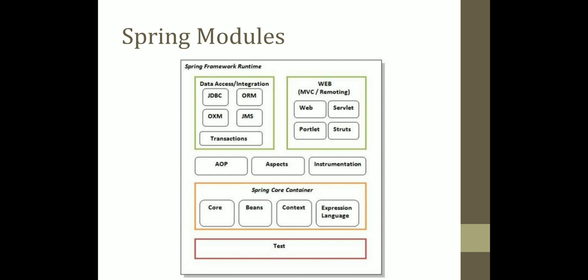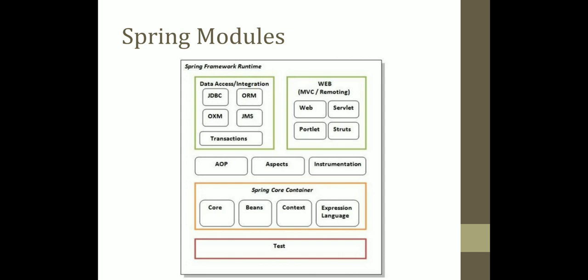Here you can see there are many parts: data access and integration, plus web, that can be MVC or remoting. Then AOP is also there, aspects are there, some instrumentation part is there, and the Spring Core container is also there. Based on these modules, the Spring framework works effectively.